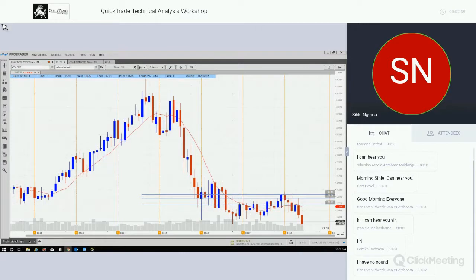Check whether we're closing bullish or bearish. If we are closing bearish, you're likely to see our market sliding a little bit, maybe during the month of July and perhaps August.